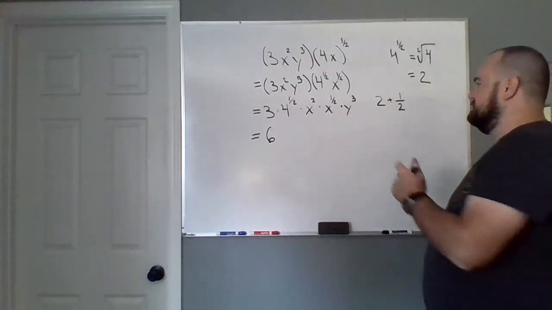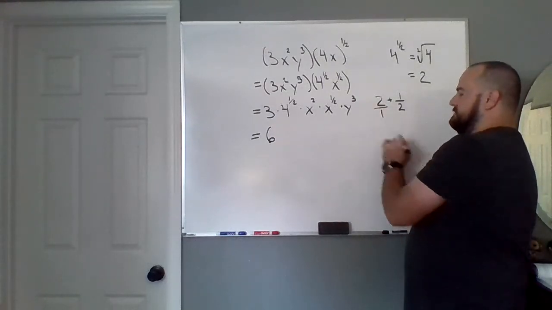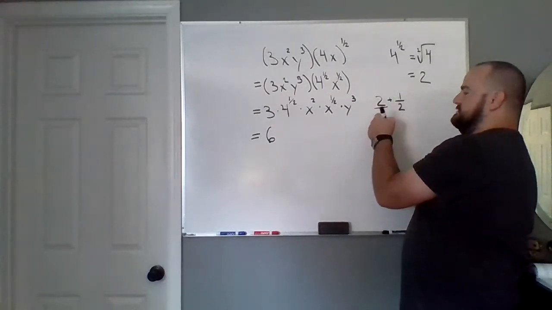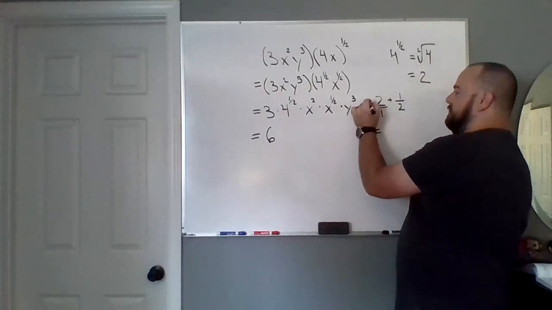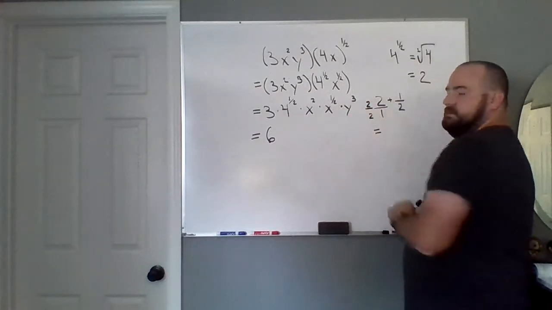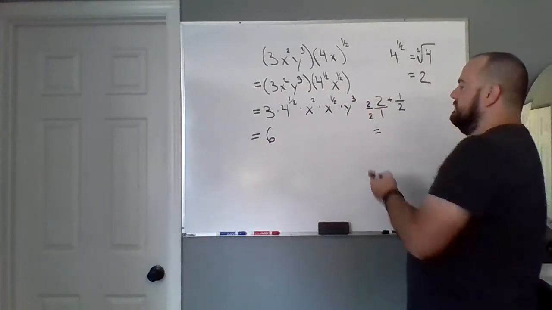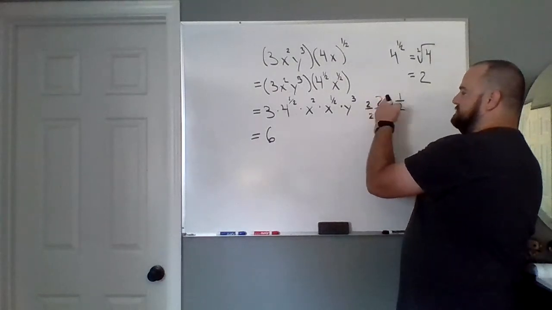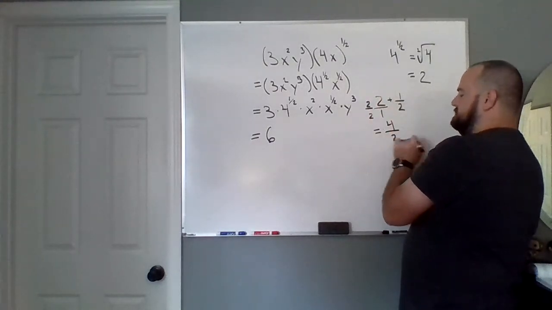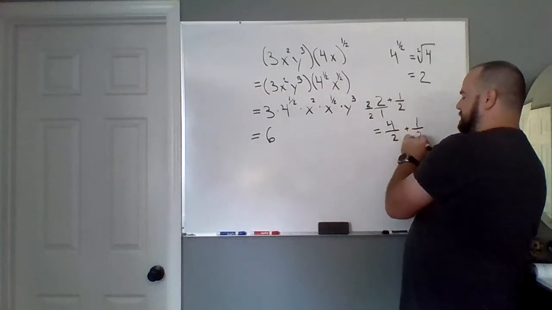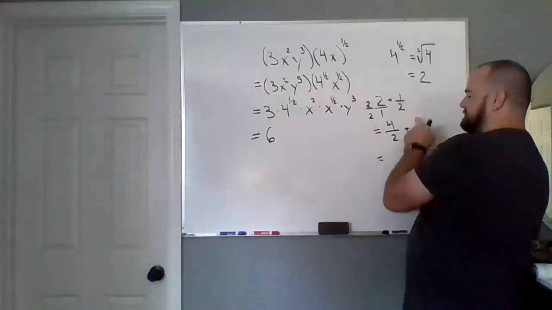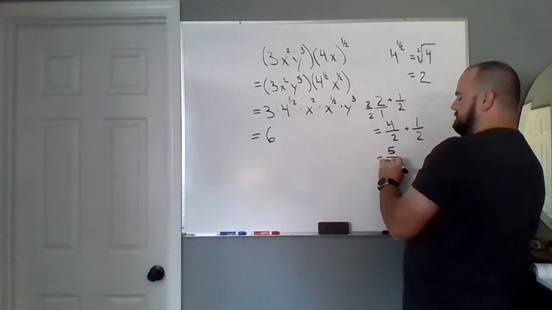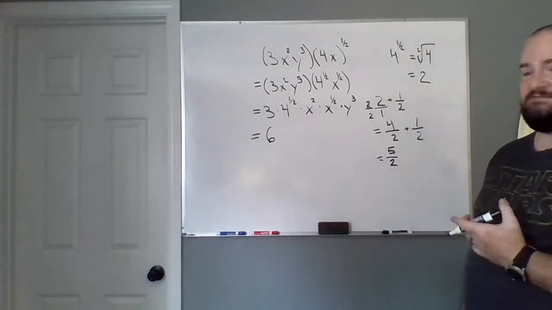So I think of 2 as 2 over 1, and I'm going to rewrite that so the denominator is 2. To do that, I multiply this by 2 over 2. So that gives me 2 times 2 is 4, 2 times 1 is 2. I still have my plus 1/2. So I have 4 halves plus 1/2, which lastly gives me 5 halves.